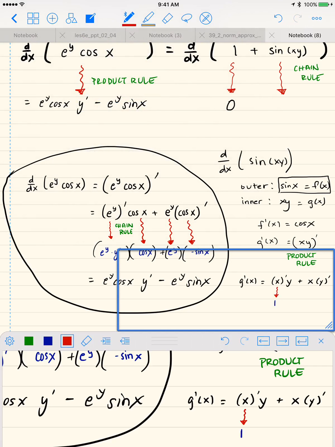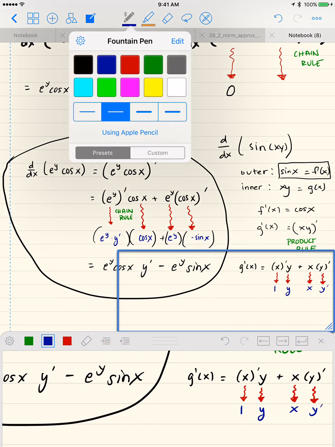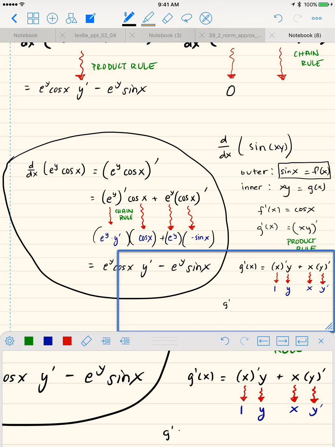And then y is going to stay, right? We're not doing anything to y. And now x is going to stay the same. And what is the derivative of y? Well, it's just going to be y prime. So our g prime of x is just going to equal 1 times y plus x times y prime. So just get y plus x y prime.